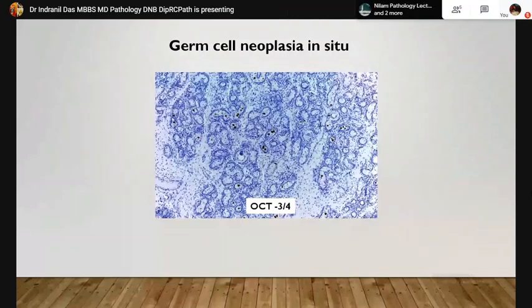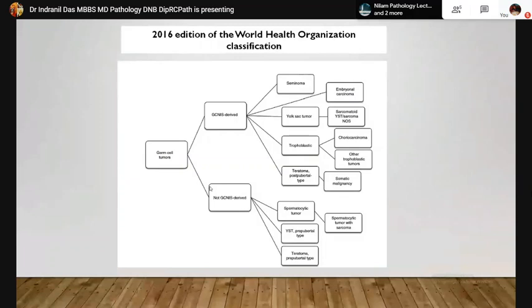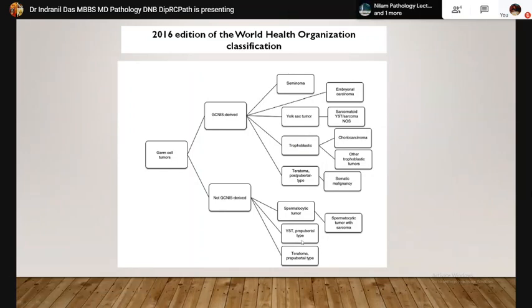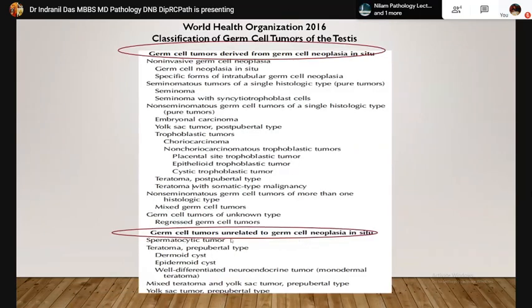Now, the 2016 WHO classification of testicular germ cell tumors mainly divides them into two categories: GCNIS-derived and non-GCNIS-derived. The GCNIS-unrelated tumors are spermatocytic tumor, the prepubertal type of teratoma and the prepubertal type of yolk sac tumor.